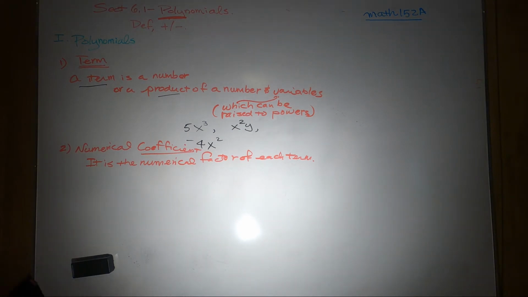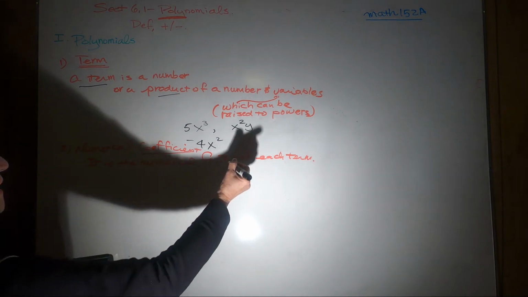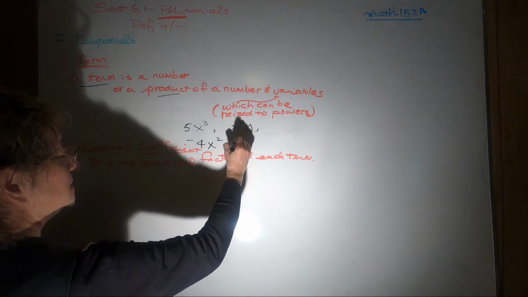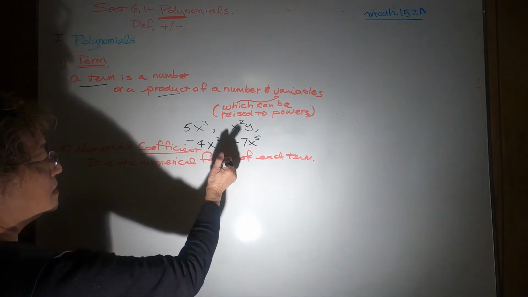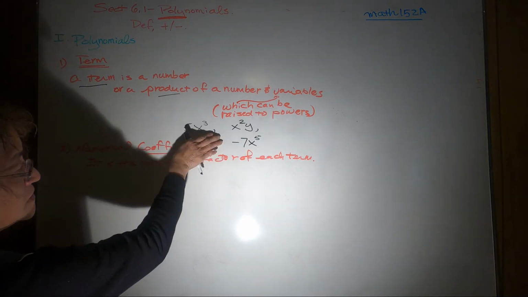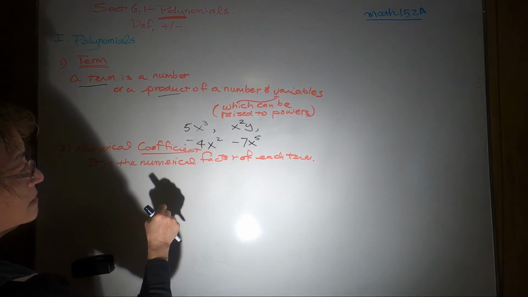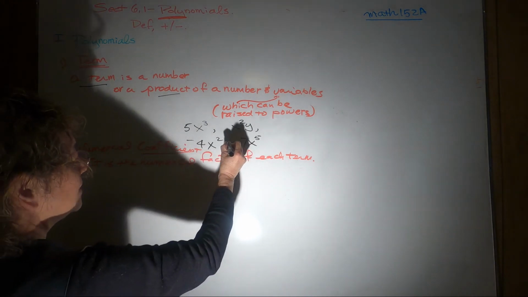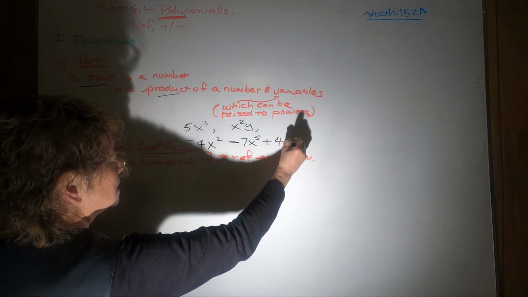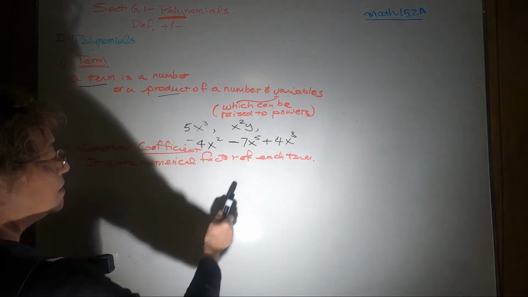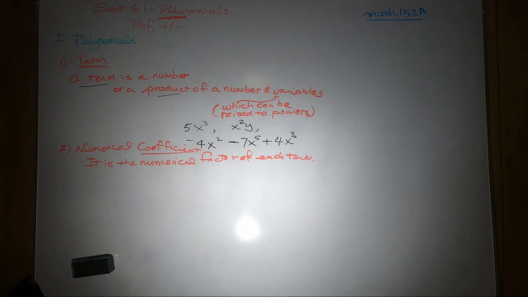Okay, so if I have, say, negative 7x to the 5th power, how many terms do I have for this one? One term, right? Then if I put them together, say plus 4x cubed, how many terms do I have? What do you think?